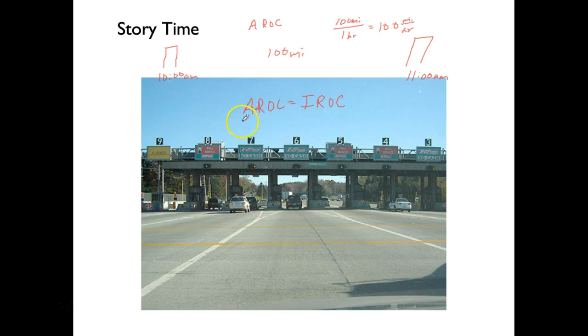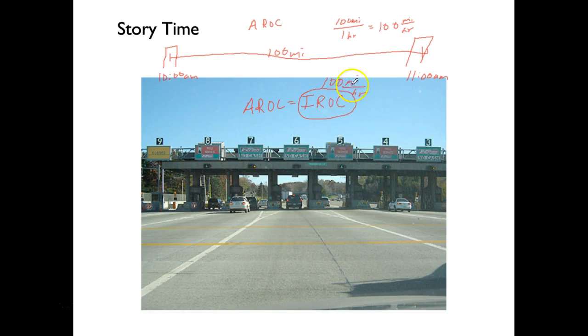So what they can do when they have these toll roads is if you did this, I'm not saying I ever did, but if I were to do this, travel 100 miles in 1 hour, they can say at some point in there, I was traveling at 100 miles per hour.